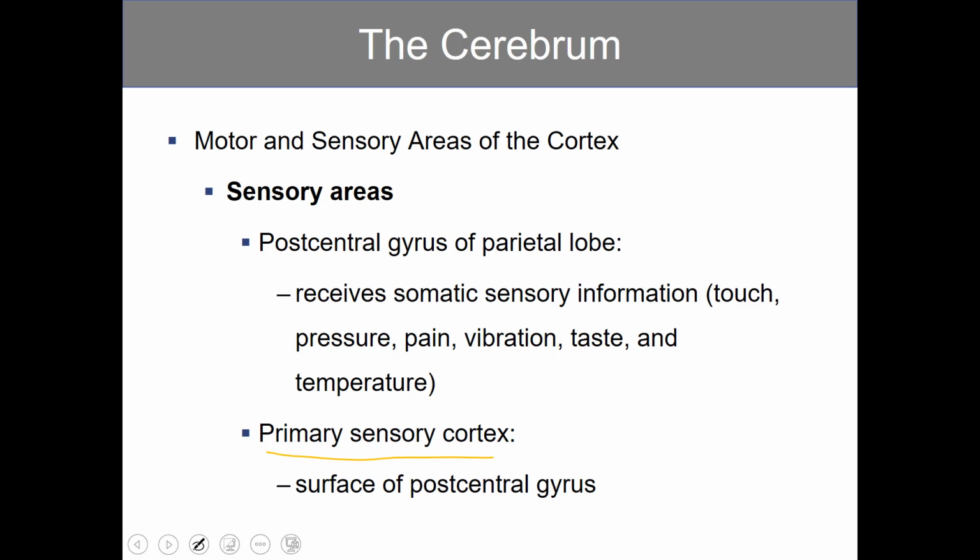So if you are aware that you're being touched, that pressure is being applied, if you feel pain or vibration, taste, or temperature, that's because that signal has made it to the primary sensory cortex, to that gyrus, which is just posterior to that central sulcus. So if you are consciously aware of it, the signal made it all the way to that cortex.